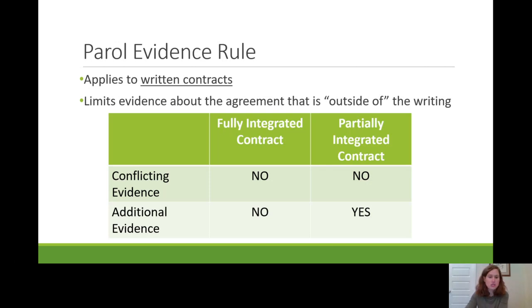And for heaven's sakes, make sure that there is nothing in that written document that is in conflict with what you think the agreement is. Because if you sign the document, that is your contract, period, from now on. You don't get to say, no, really, the agreement was something else. Or, no, really, but we had all these conversations and really what we understood was blah, blah, blah. It doesn't matter. You cannot raise that in court. So you have to be very careful about what you sign because of that.